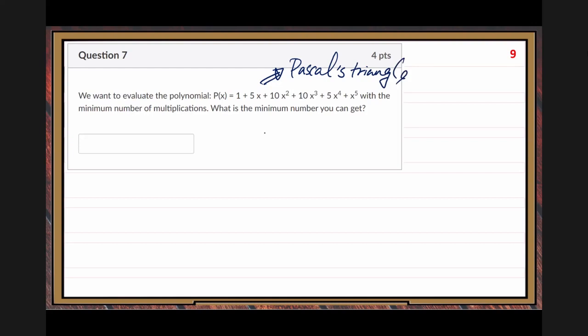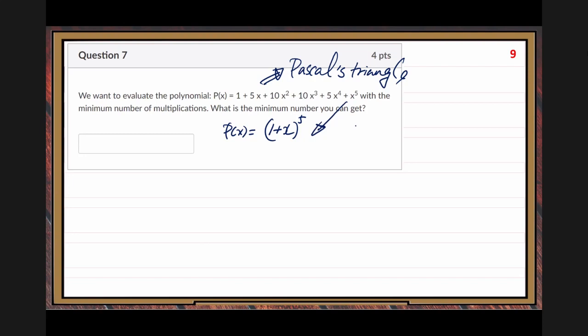So your knowledge base, you have this knowledge: 1 plus x to the 5th power, that's p of x. That's Pascal's triangle. This is by binomial theory, okay? Binomial formula, or Newton's formula.